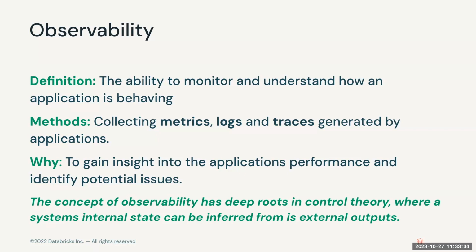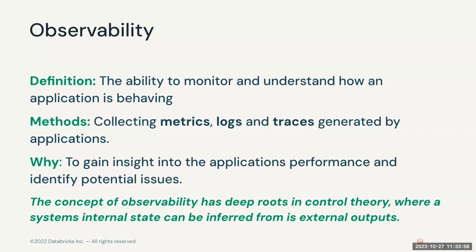So it's important to collect these logs and metrics so that we can provide observability. Using these, software engineers can see in real time how their application is behaving and what issues might be occurring. That's why we want to make sure that logs, metrics, and traces are made available.